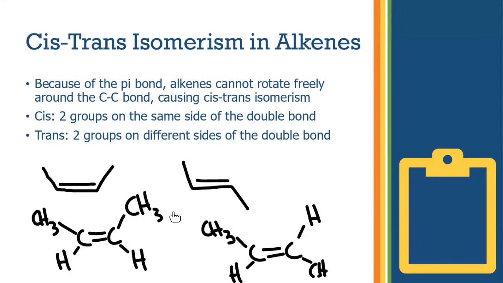So these have to be the same or these have to be the same. But if this was a different group, then you'd have to use E/Z configuration. Because we have two methyl groups and two hydrogens, we can say cis or trans. So it's like the wings of a butterfly, it has to be the same? Yes. If you want to think of it like that, then it works for me.